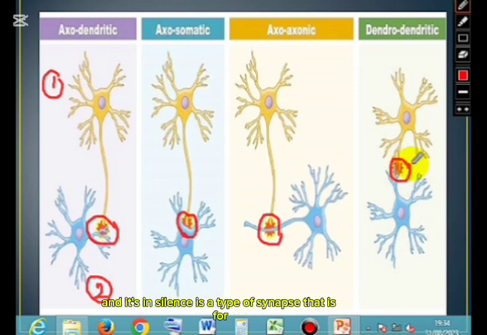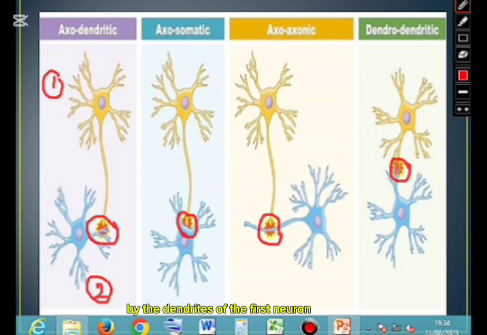Dendrodendritic synapse is a type of synapse that is formed by the dendrites of the first neuron and dendrites of the second neuron. Is that clear?